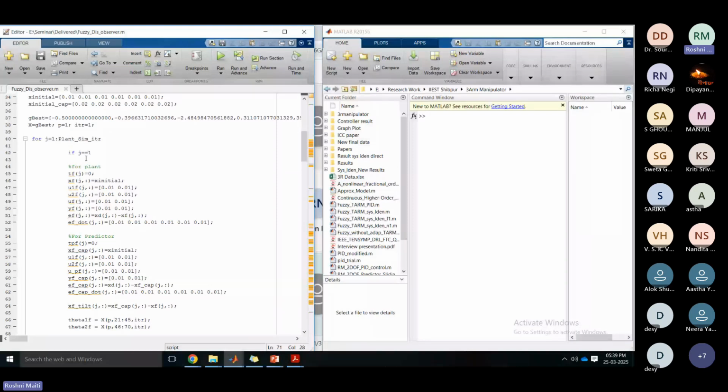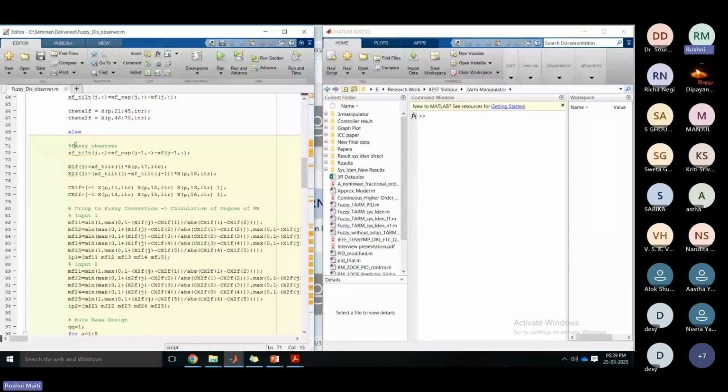Here we have designed this plant and this predictor or observer model, and this one we have done by using this fuzzy observer. In this fuzzy observer, we have given two inputs.